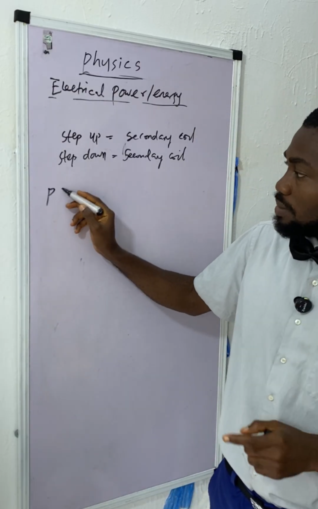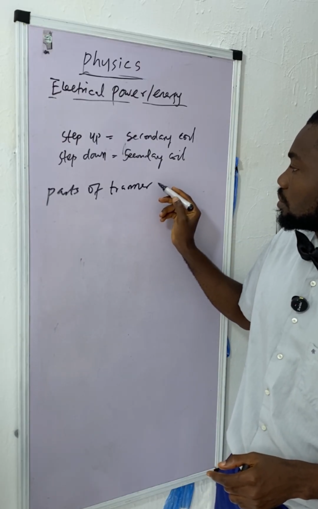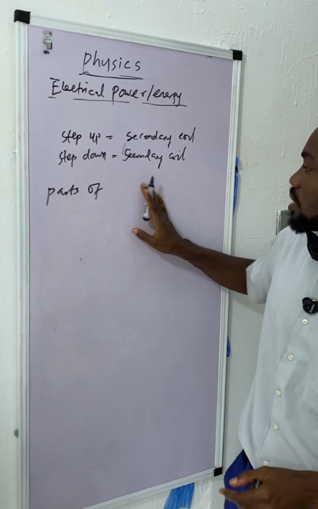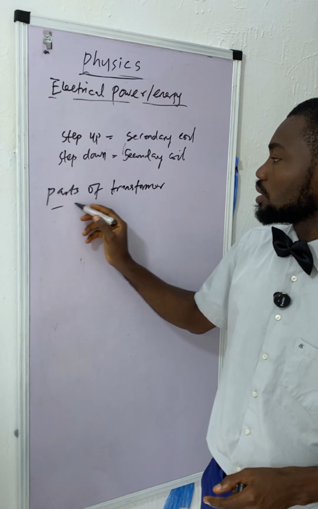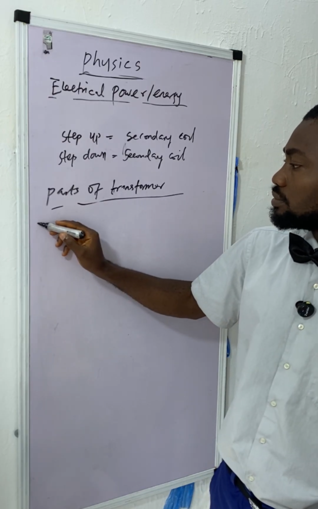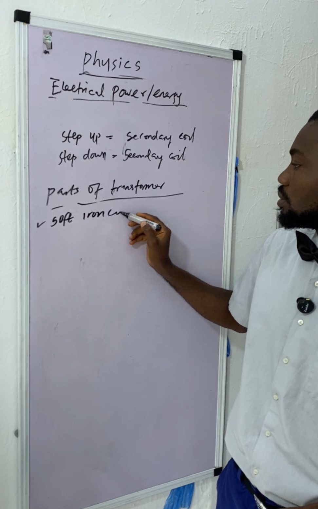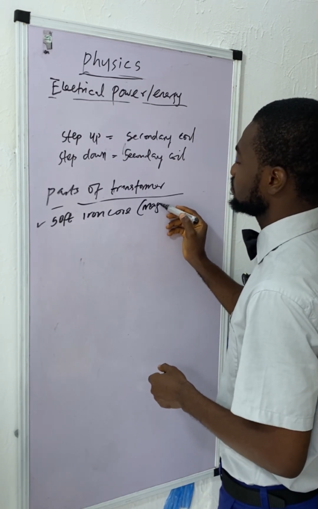So the parts of a transformer. Let's look at the parts of a transformer. We have the soft iron core, which is the source of magnetism.